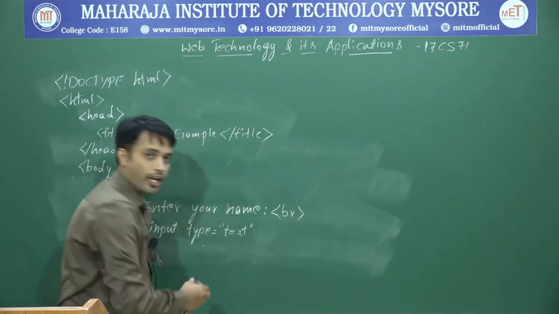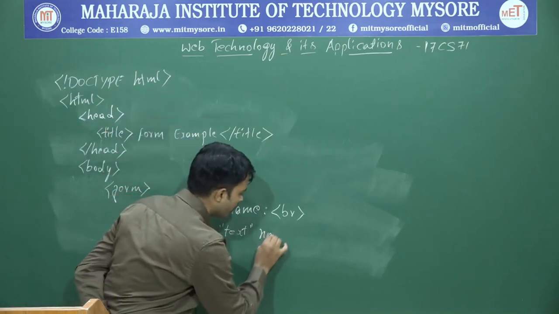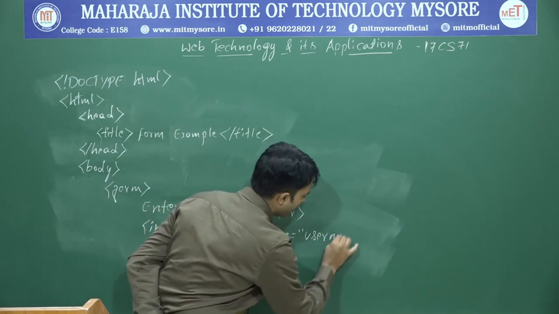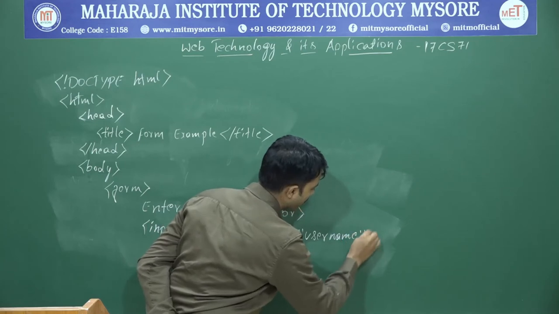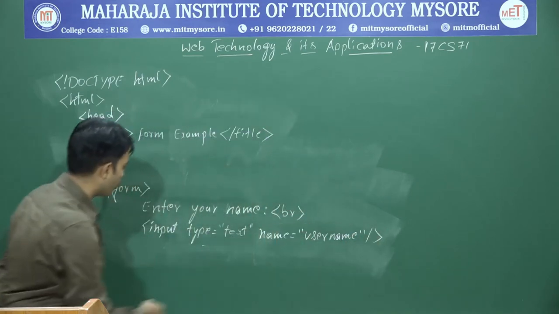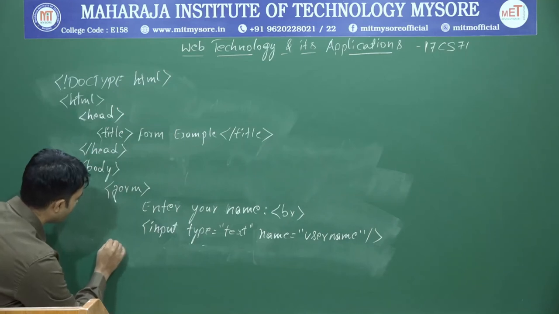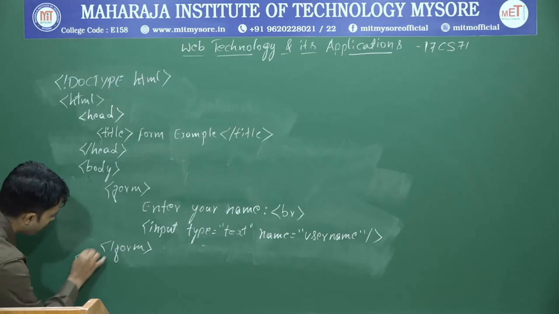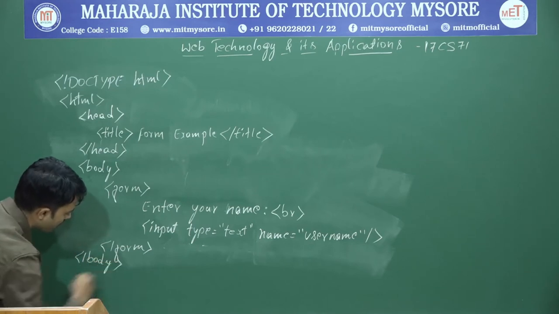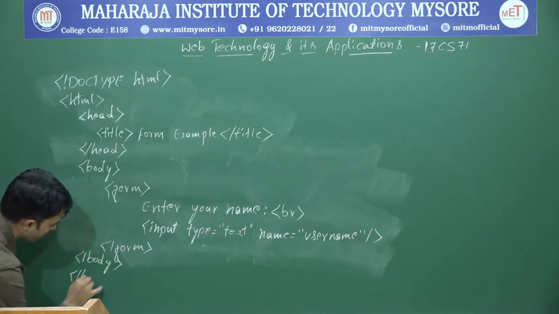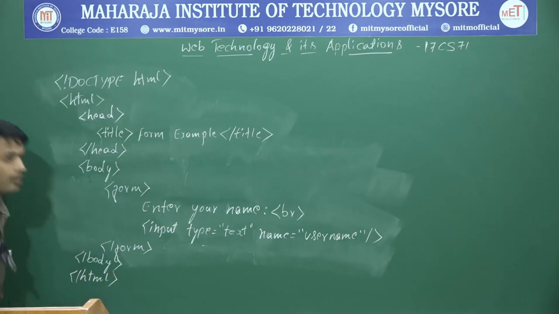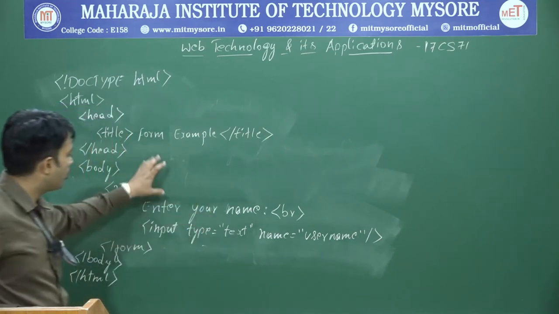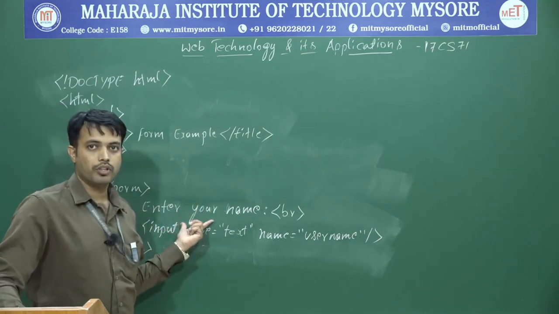I'm going to add one more attribute for this: name equals within double quotes username. Then I close this input. Again close the form, again body, and HTML. So this is the program in order to read a single line text from the user.